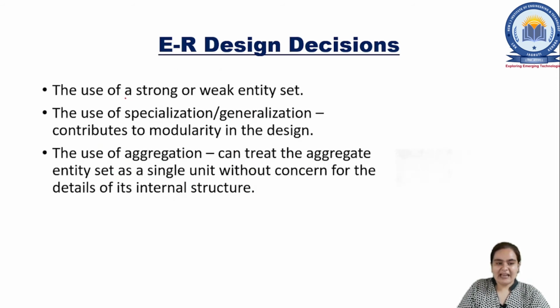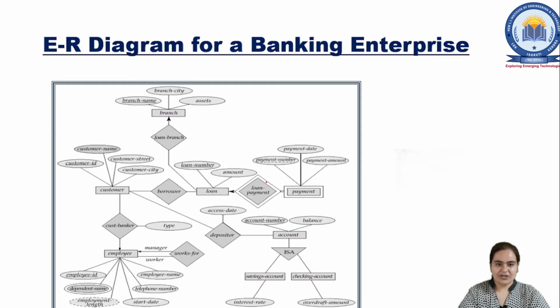Secondly, we have to decide on the use of a strong or weak entity set; we need to identify whether we can make out the primary key for a particular entity set or not. We also have to use specialization and generalization wherever necessary. We can also use aggregation in order to eliminate redundancy in the concerned structure.